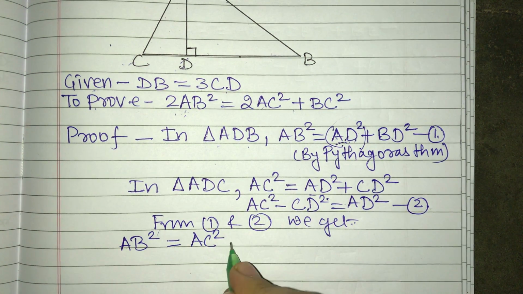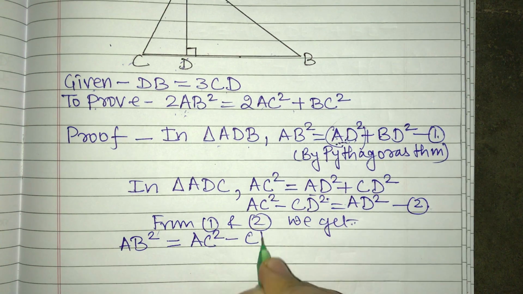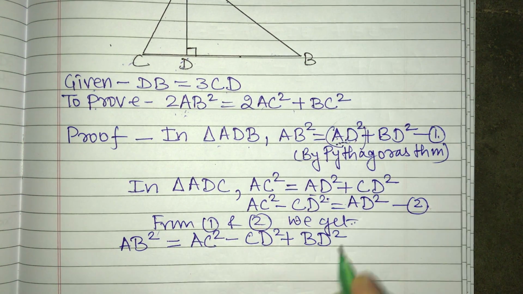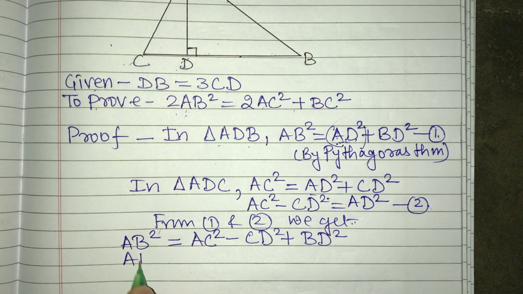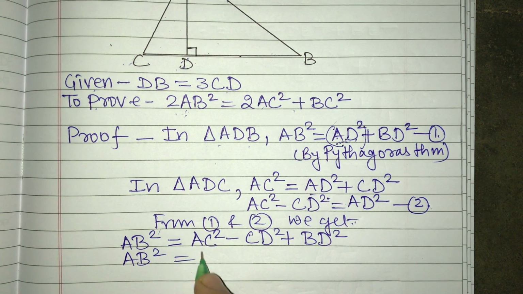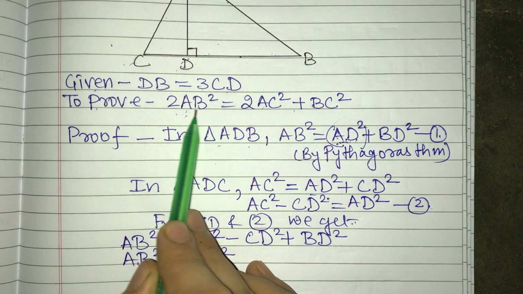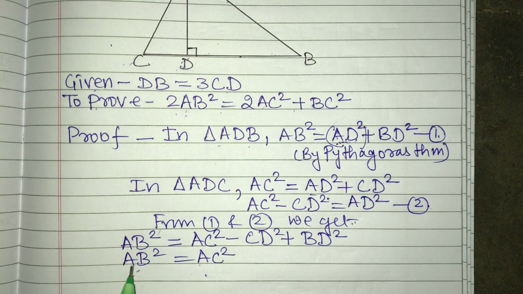So this equals AC square minus CD square plus BD square. Now AB square equals AC square, these sides are already there in the statement, so I don't want to replace it. I want to replace this CD and BD.